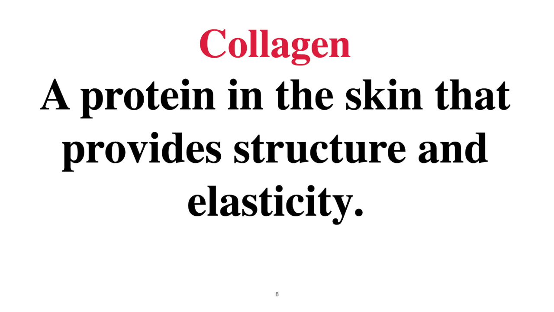Type 1 collagen is the most abundant form, providing structure and strength to the skin, bones, tendons, and other tissues. Type 3 collagen supports the structure of organs and tissues and is more abundant during early skin development.